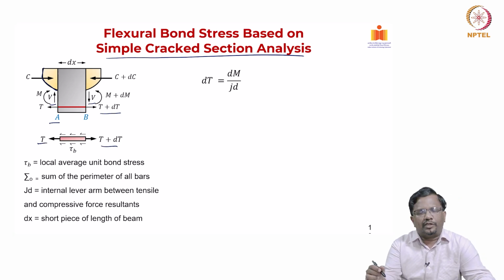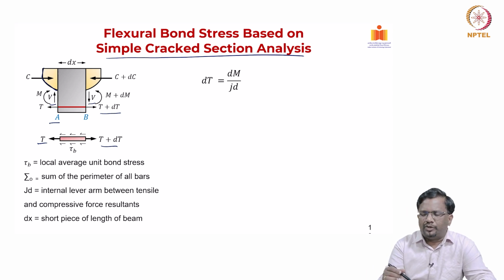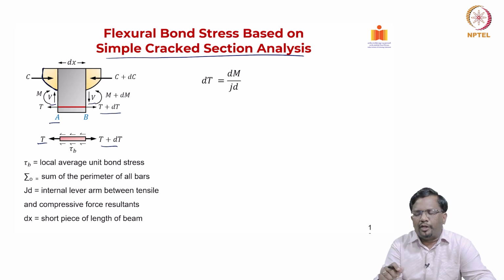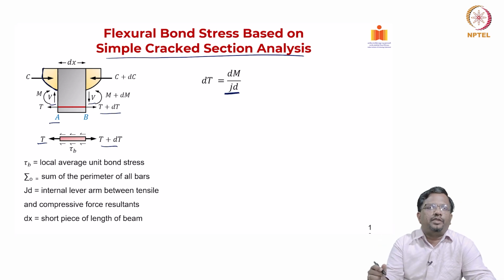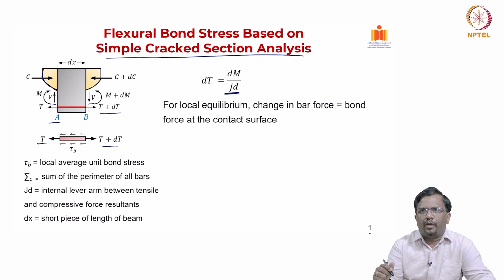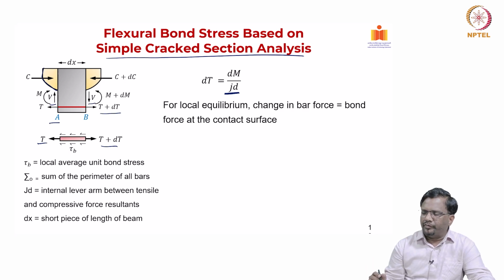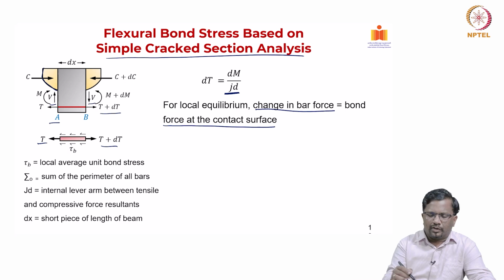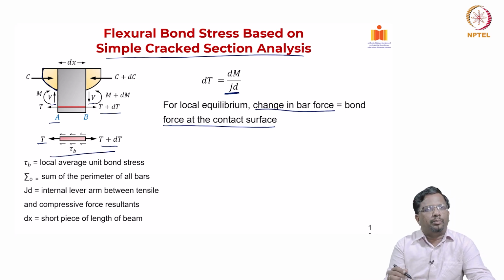Now, as we have explained previously, the change in the tension force dT can be converted to the change in bending moment divided by the lever arm, which we talk of in terms of jd. For local equilibrium, we know that the change in bar force is equal to the bar force at the contact surface. So, this is the free body diagram of the rebar.